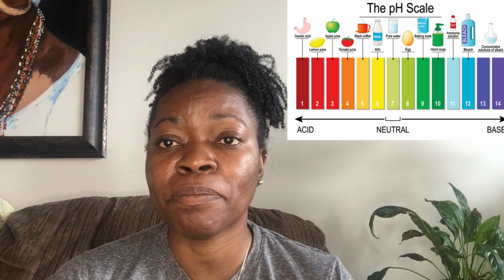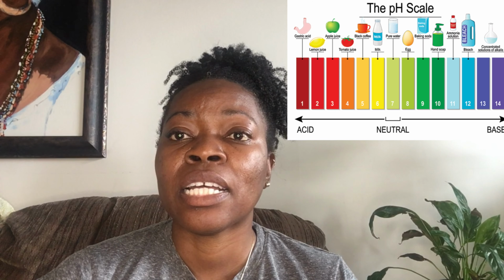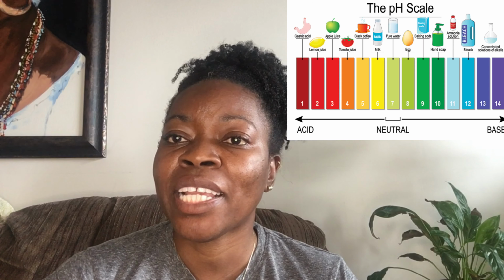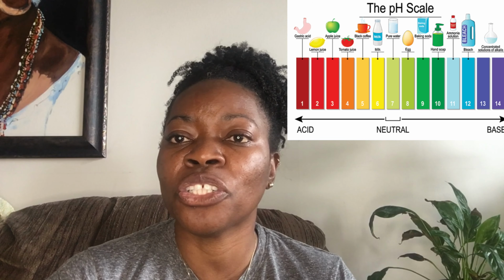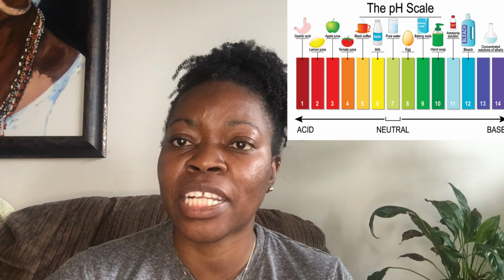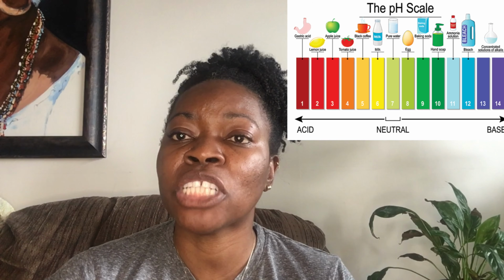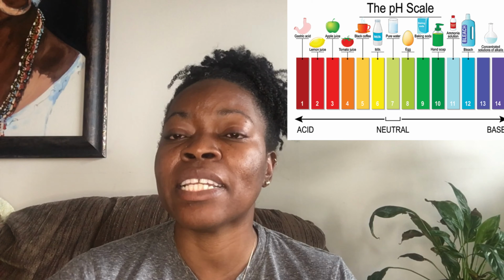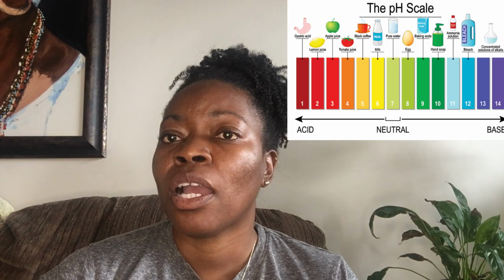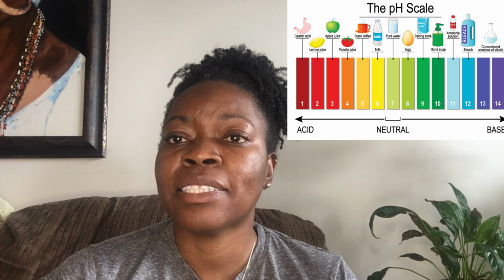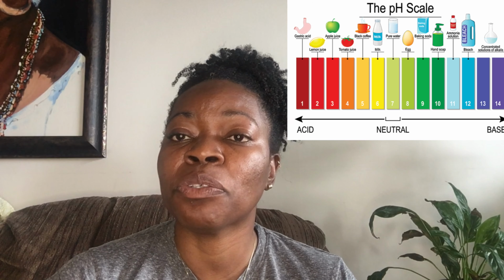What do I mean? What is pH, you ask? pH is the potential or the power of hydrogen. So it measures how much hydrogen is in a liquid. The pH scale is 0 to 14.